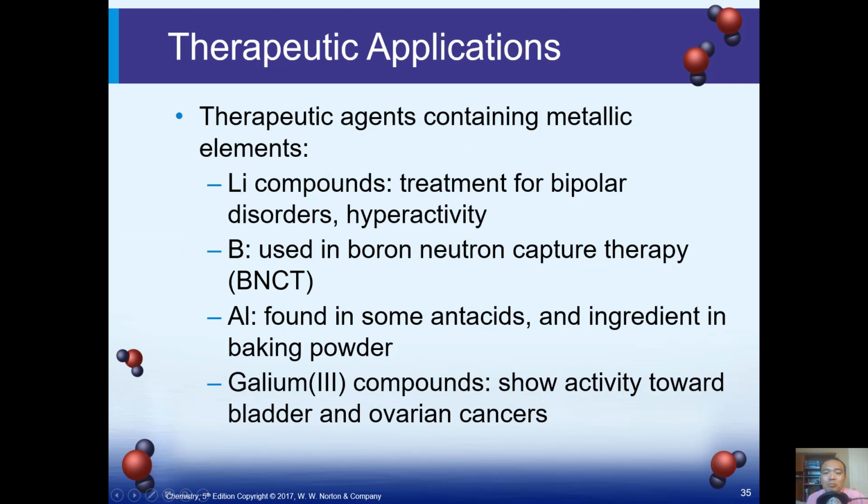As we mentioned previously, lithium ion is similar in size to the magnesium ion. The size is almost identical. So this allows it to compete with the magnesium ion in biological systems and may account for the toxicity of lithium ion at high concentrations.